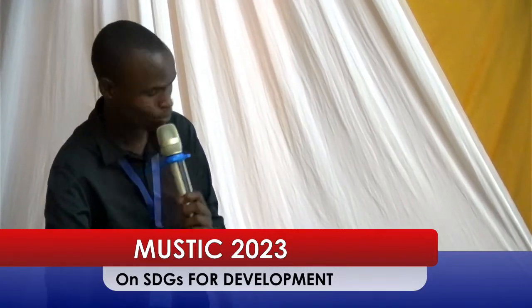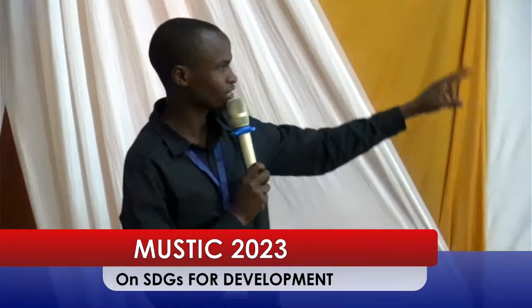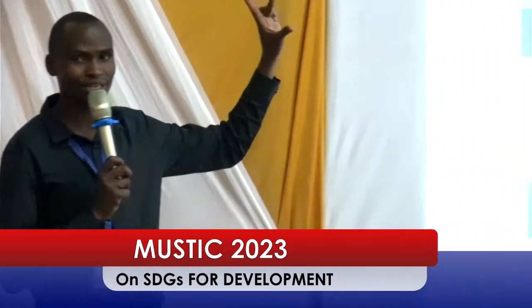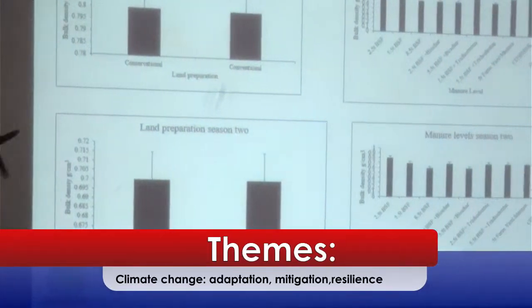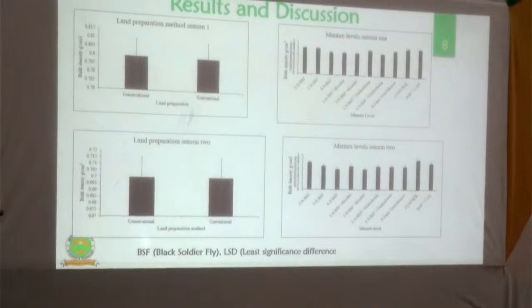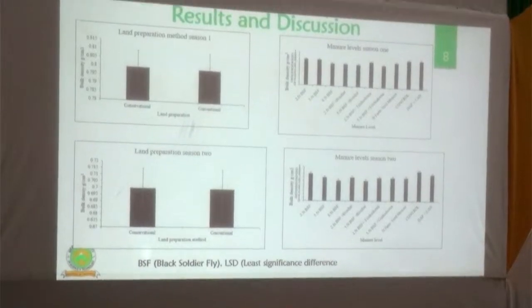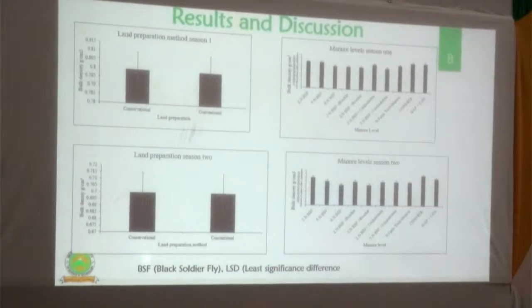Another parameter was soil bulk density. When you compare the two land preparation methods, they had no significant difference for soil bulk density, but on the application of different nutrient levels, the one amended with the biochar recorded the lowest soil bulk density, up to 0.6 grams per centimeter cube.